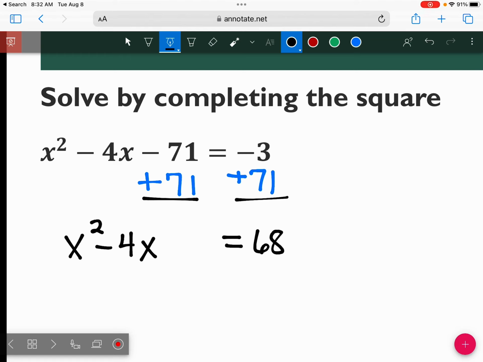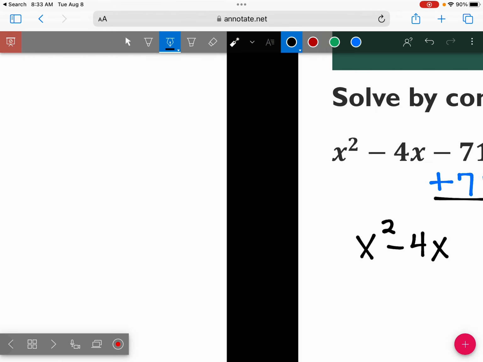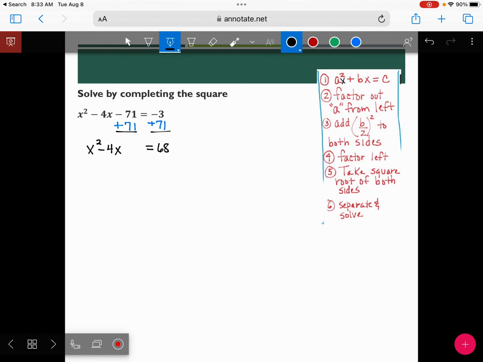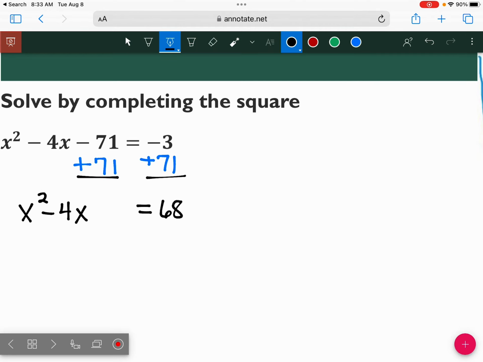So now we need to complete the square. Notice that A is 1, so I don't need to divide both of these because I already have that 1 that I need here. In my last example, I had a 3. I had to take it out to get to the 1. But in this example, I already have a 1. So now we can skip over 2 and go to 3, which is adding b over 2 squared to both sides.